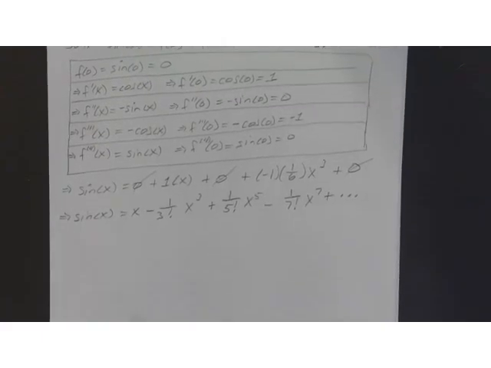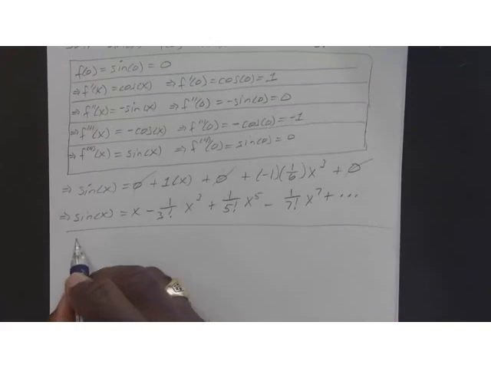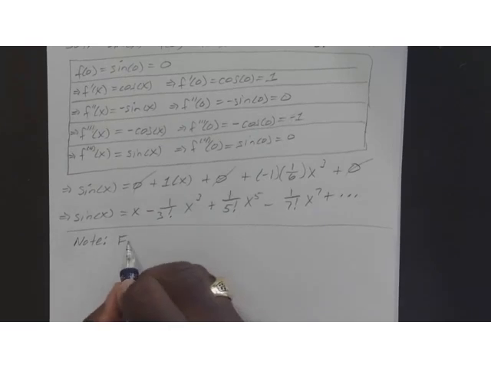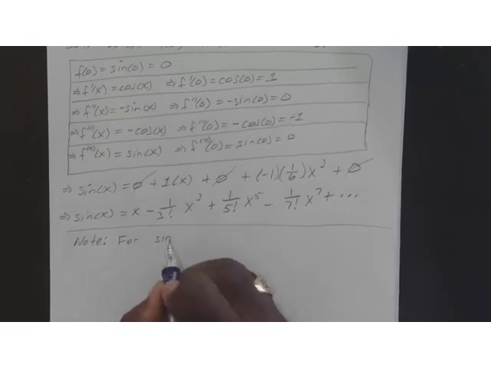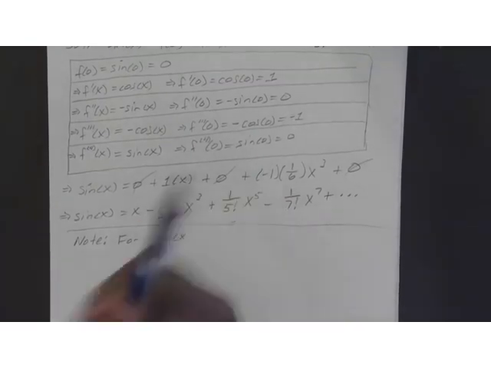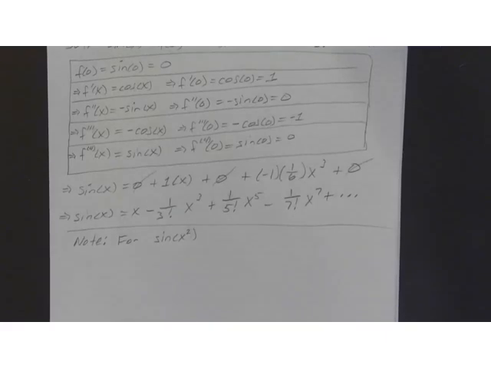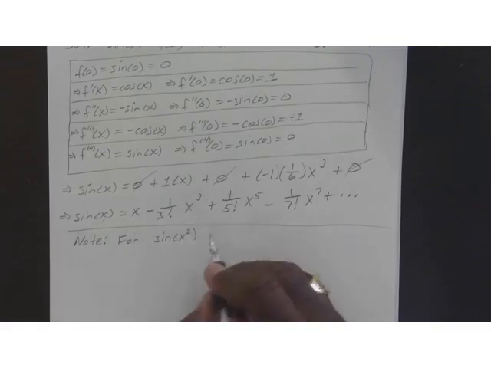And just a little bit of a side note. Let's say if you wanted to find sine of x squared for your Maclaurin series. Then you just get sine of x and replace it with x squared.